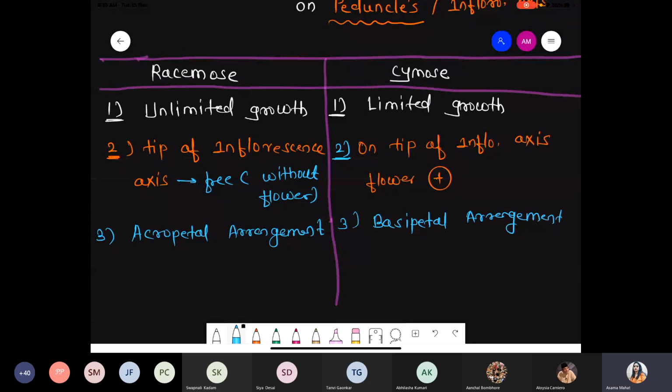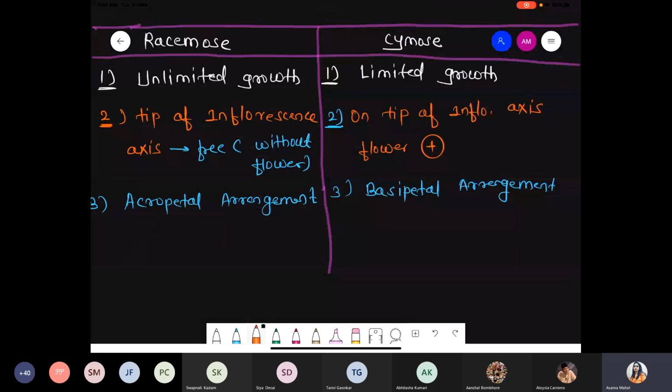Acropetal arrangement: the youngest flower is present at the apex. Acro means apex region. So the youngest flower is present on the tip. Such a condition is called acropetal.